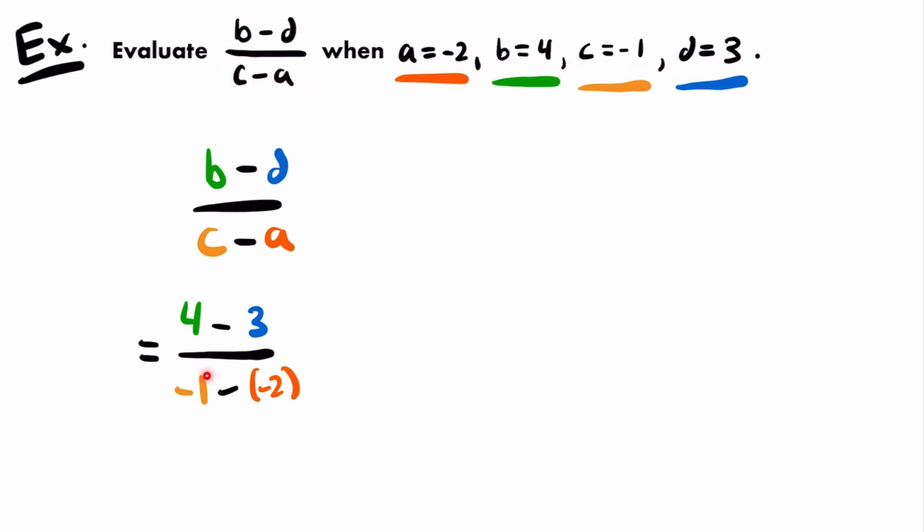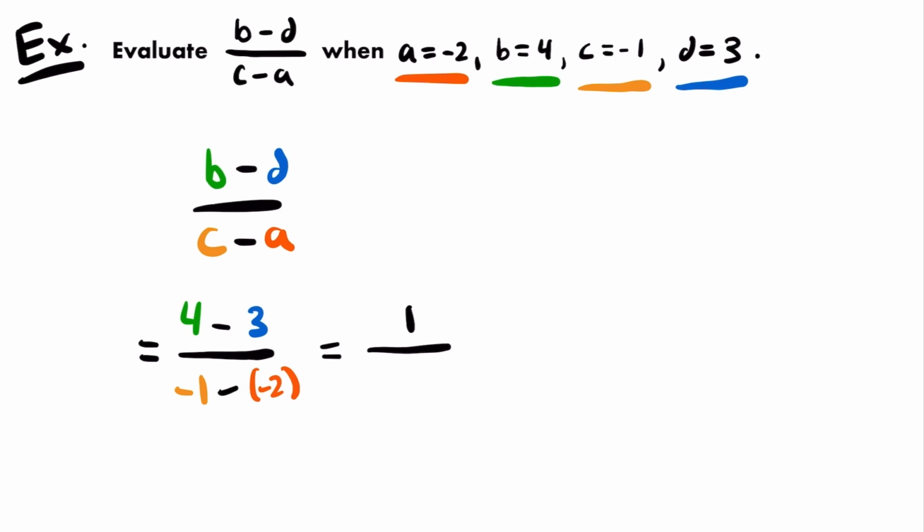Okay, so simplifying what we have here, let's start with the top of this fraction, or the numerator. We have 4 minus 3, that's equal to 1. So this is equal to 1 divided by -1 minus -2. Now remember, subtracting a negative number is the same as just adding the positive version of that number. Those two negatives cancel each other out.